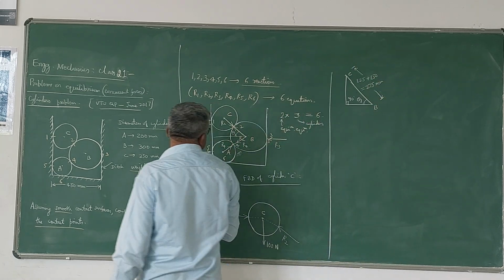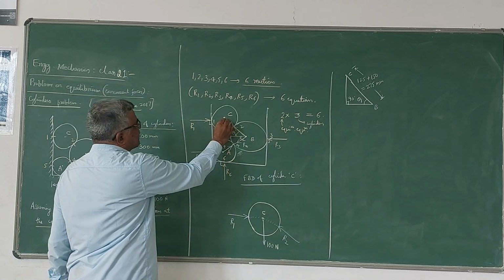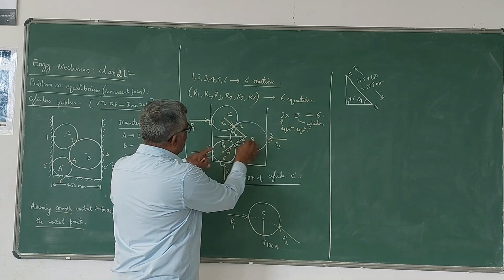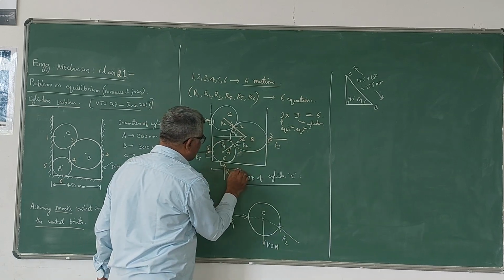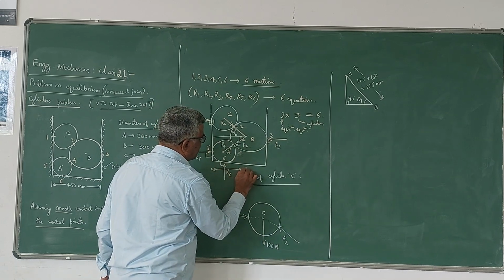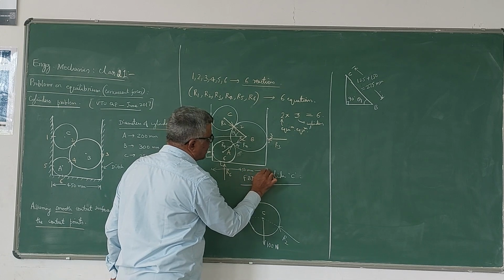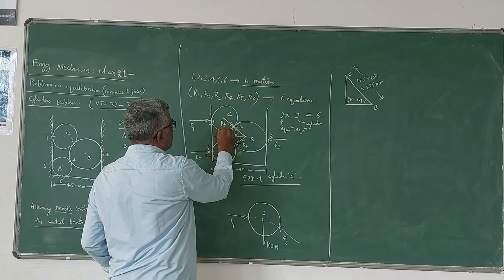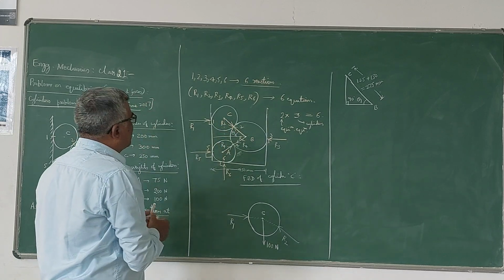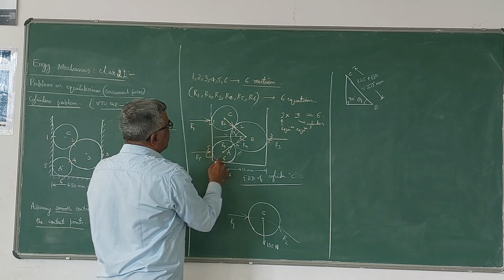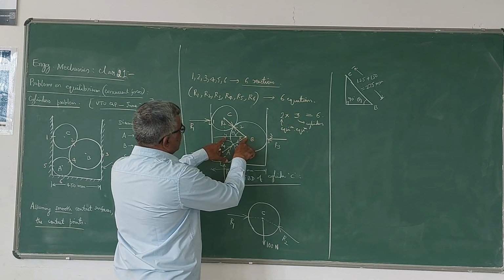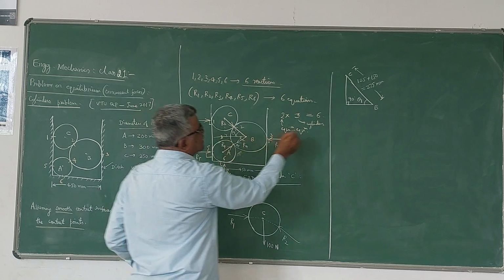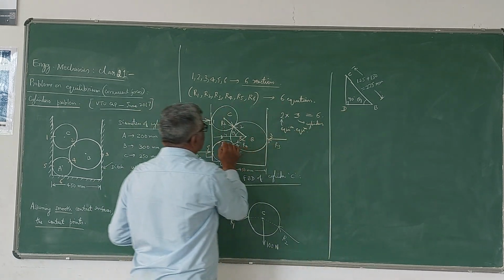Then I need one more dimension, either this vertical or this horizontal. I think it is better to go for the horizontal because the width is known. This is 450 mm, the width of the ditch or trench. Now if I draw a perpendicular from C, I can always find this distance. If I take this as D, I can find out this DB.